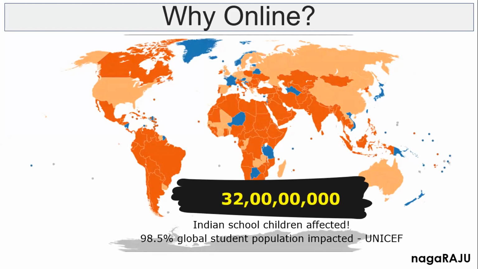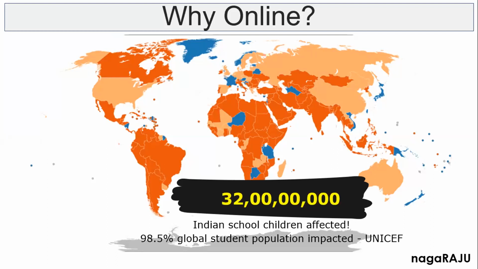The number of school children in India is about 25% of our population. So if you leave out the senior citizens, the adults, the non-school-going people, it's only about 32 crores. That means every single school-going child in India has been affected by the lockdown. There's no exception at all.